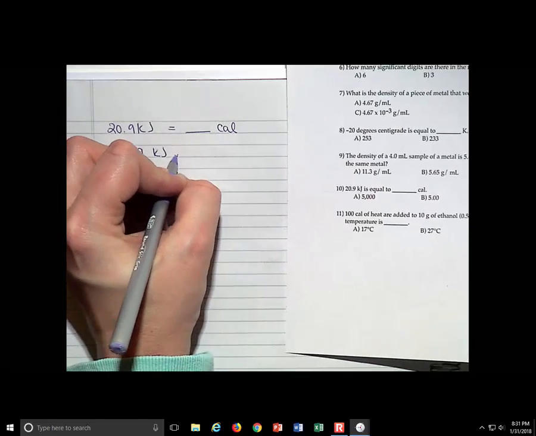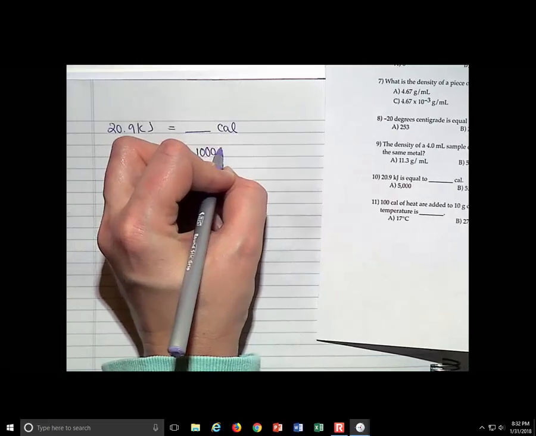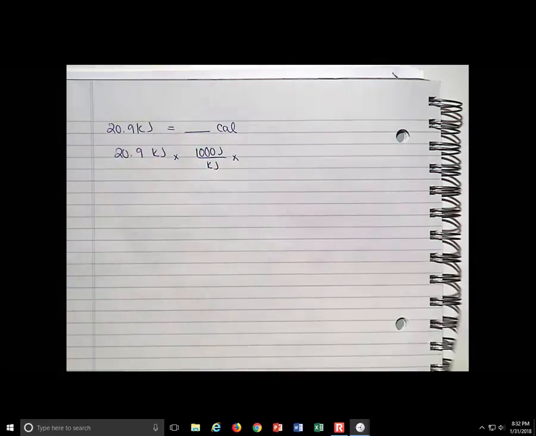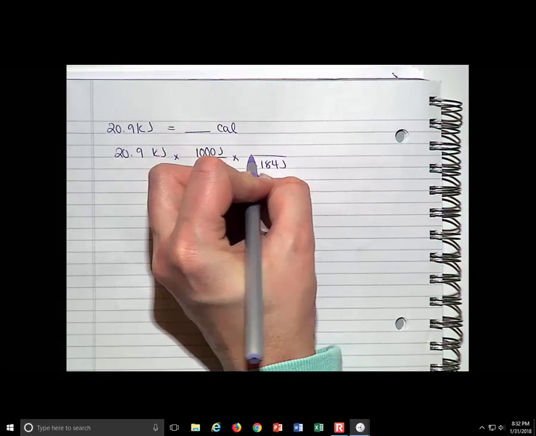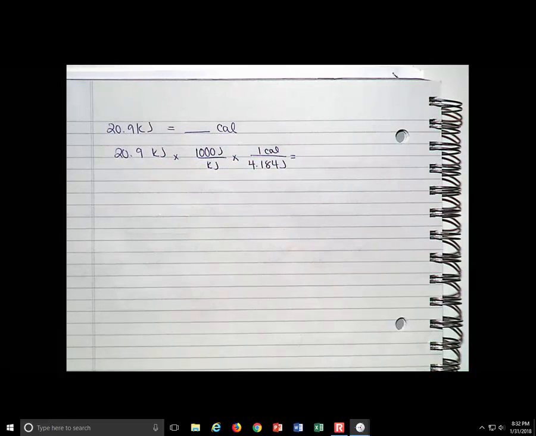First, I'm going to go ahead and convert to joules. And then we have our conversion factor, which says that 1 calorie is equal to 4.184 joules. So I'm going to put 4.184 here, 1 calorie there. Plug that into a calculator.